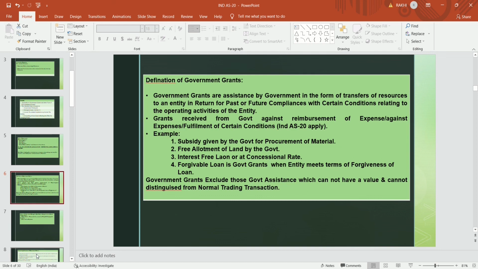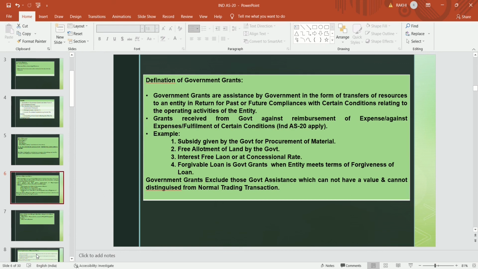Any kind of subsidy given by the government for procurement of material, free allotment of land by the government. If the government says, you procure that material, I will give you a subsidy, or any land given by the government for development of a business or factory in a remote area.